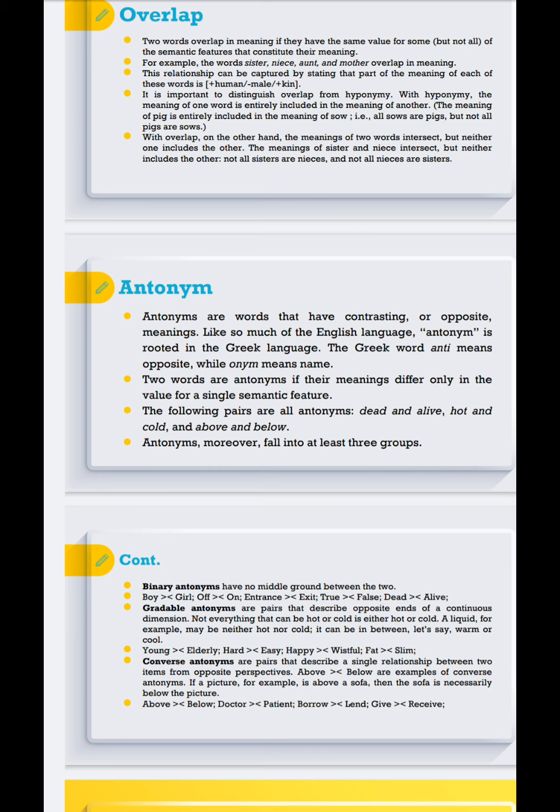Binary antonyms have no middle ground between the two, that is: boy, girl; off, on; entrance, exit; true, false; dead, alive. Gradable antonyms are pairs that describe opposite ends of a continuous dimension.